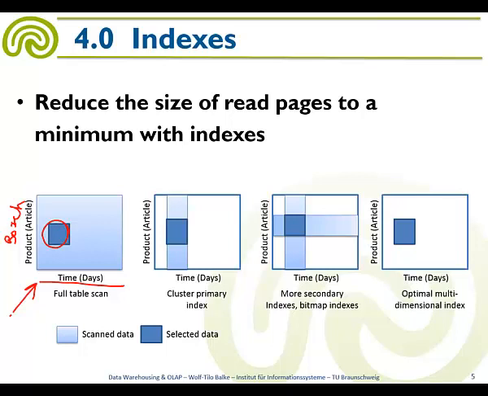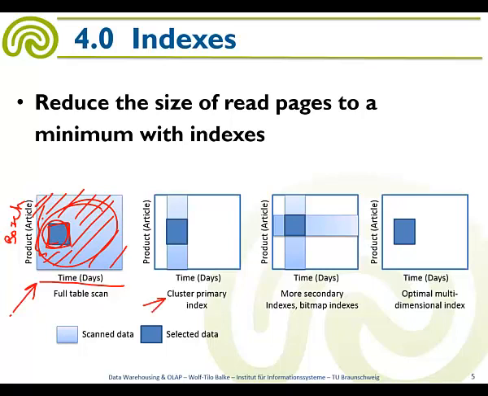And what we did is, we scanned all of this data. And all of this is wasted because none of it is relevant to the query. So you scan all of this to get, at the end, this piece of information over here. Bad.